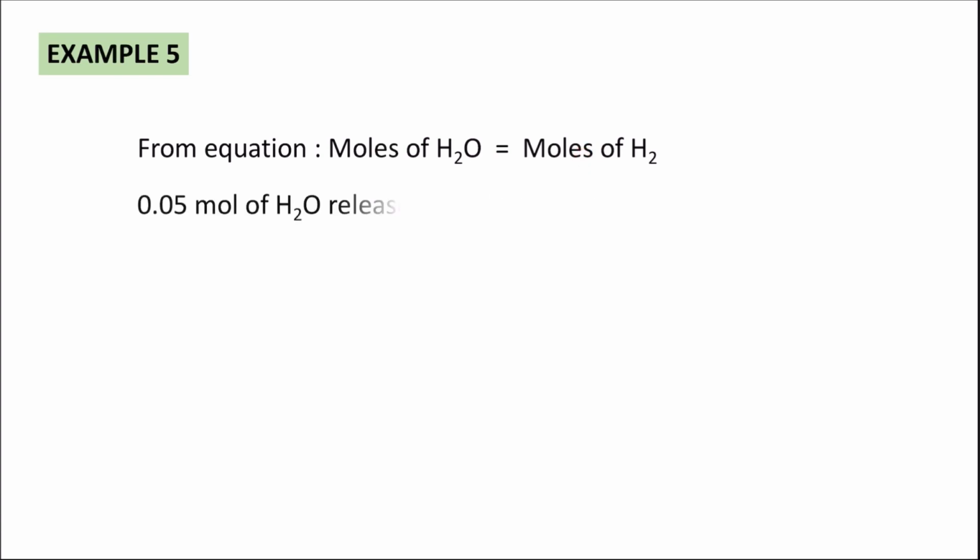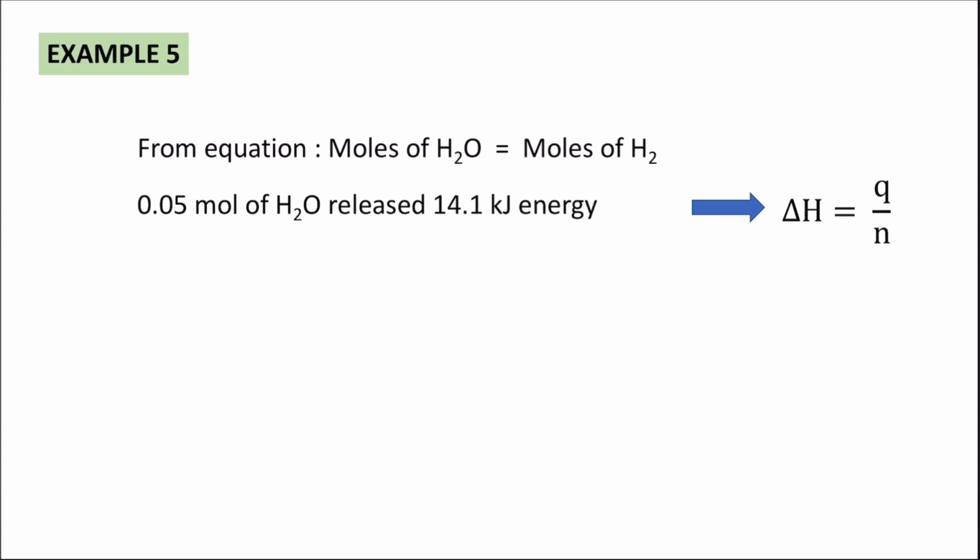So, awak ada 0.05 mole of H2O, release 14.1 kilojoule energy. So, di sini saya nak introduce satu lagi formula di mana untuk cari delta H, formula dia adalah equals to Q over n. So, n ni adalah number of mole untuk awak punya compound yang awak nak cari.